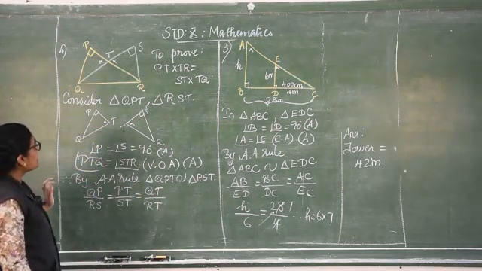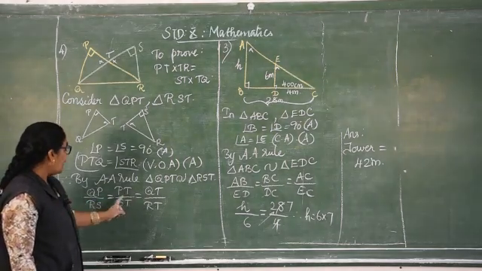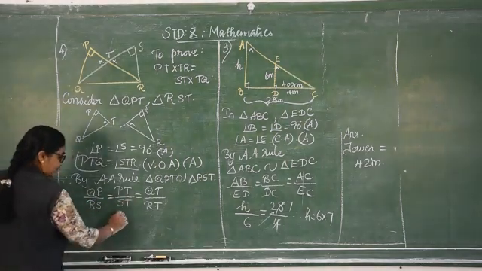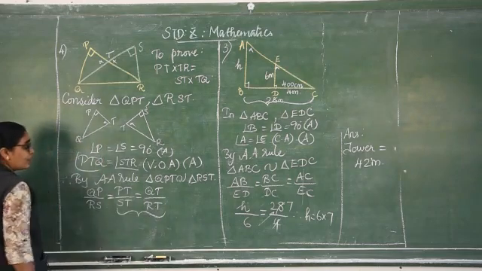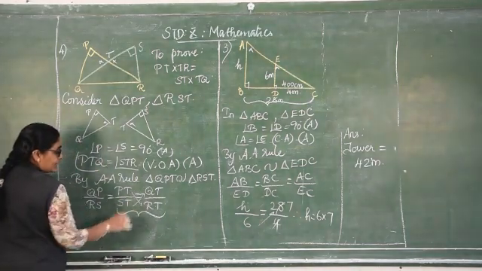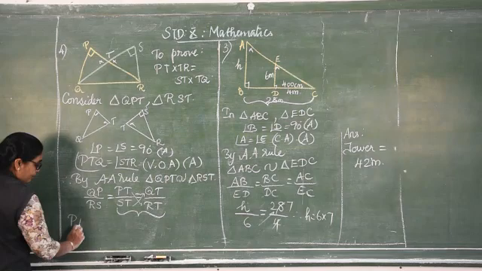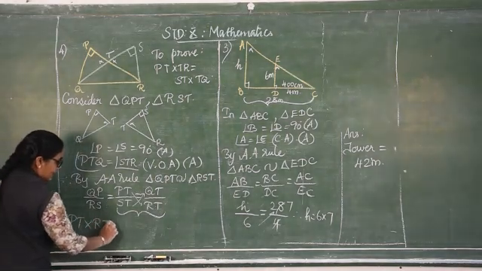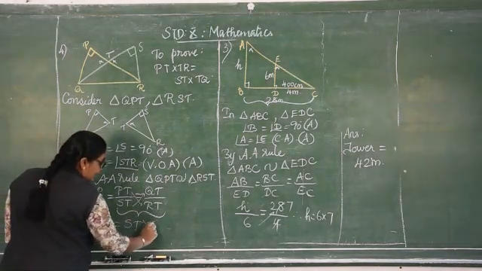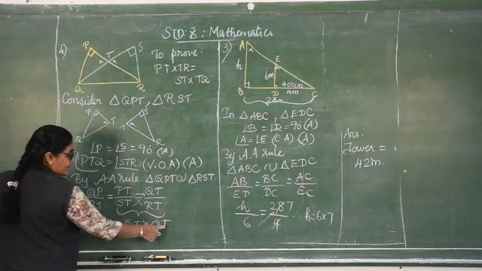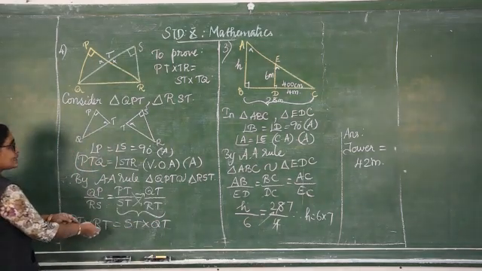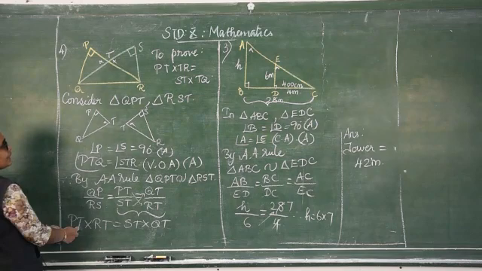So which one can we say? PT and this two alone we are comparing. When you compare these two and cross multiply, what will you get? PT into RT is equal to ST into QT. These two are distances, so when you rearrange this, nothing will happen. See the question now.